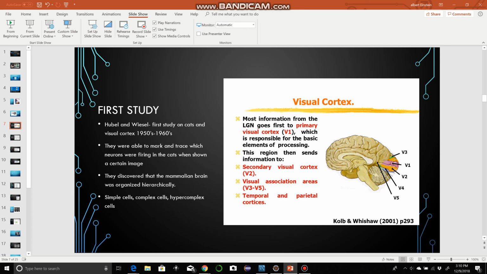They were responsible for processing certain elements, depending on where the information was in this hierarchical structure and on what types of images it would process.